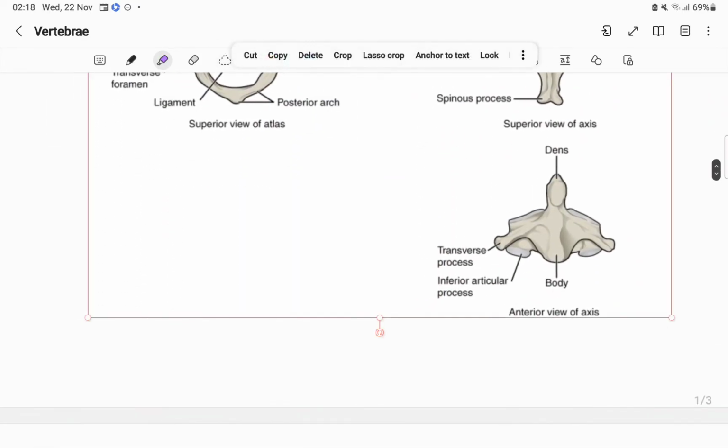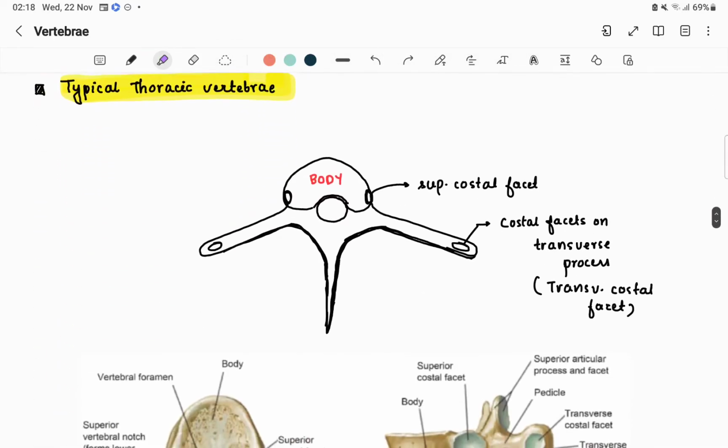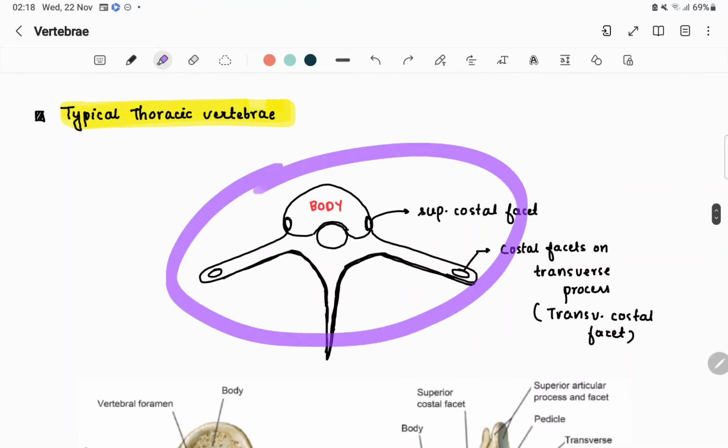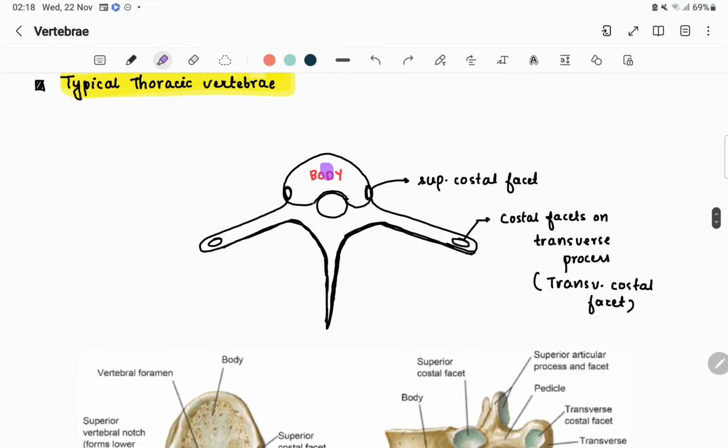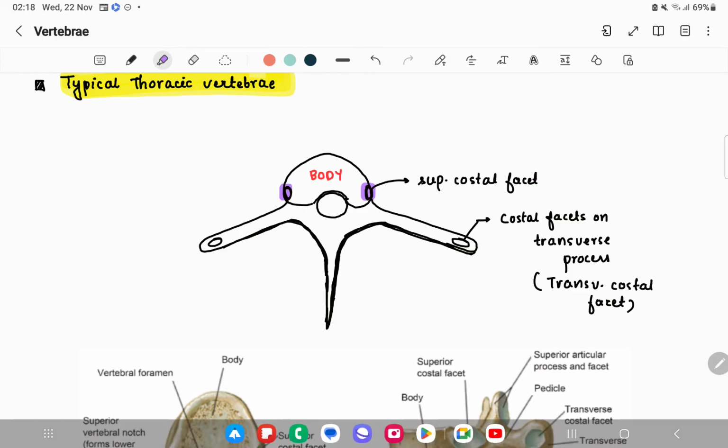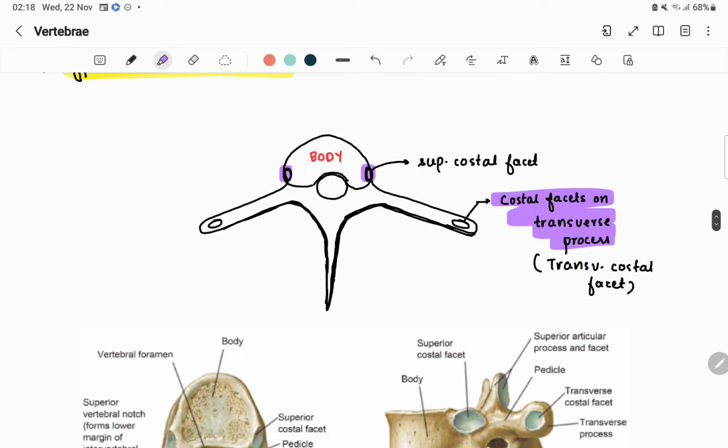Let's discuss in more detail. So this is a typical thoracic vertebra. We have a body, and we have the superior costal facet. We have costal facets on the transverse processes, which are called the transverse costal facets.